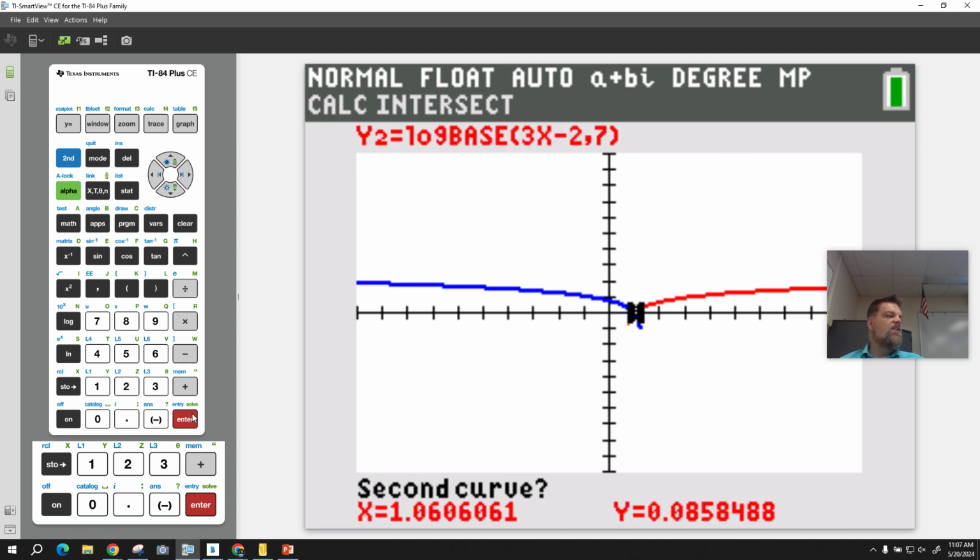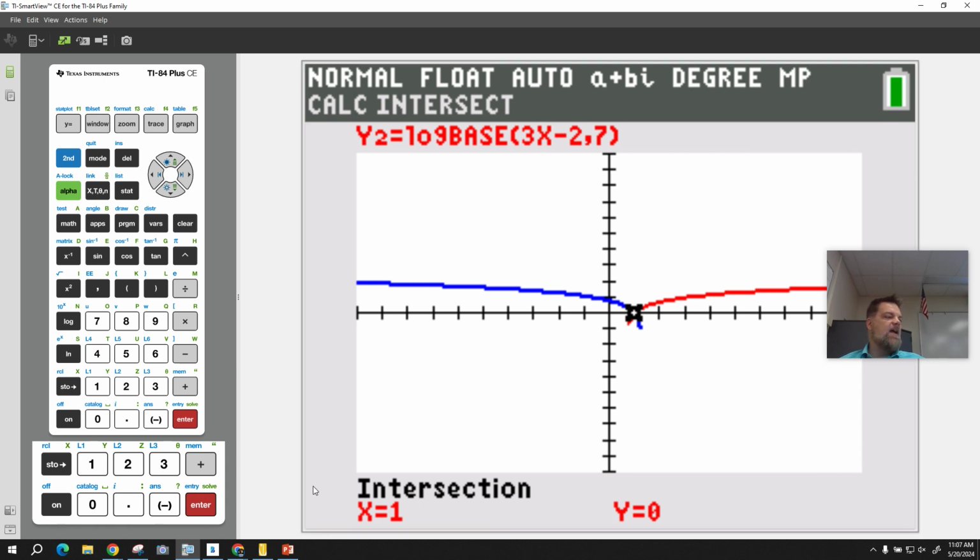Then you hit enter, and then it'll say your Y2 function, whatever you plug in for Y2. Again, try to get that cursor as close as you can, hit enter. And then lastly down here it'll say guess. Again, try to get as close as you can, hit enter, and it'll tell you the intersection. When x equals 1, y equals 0. Does that make sense? Okay, so let me take a screenshot of that too.